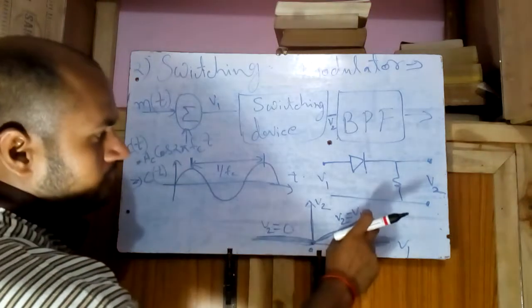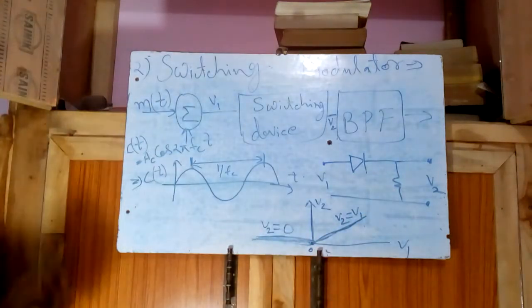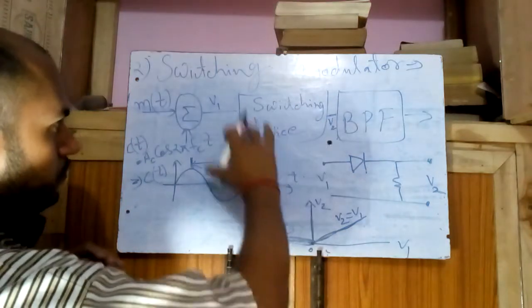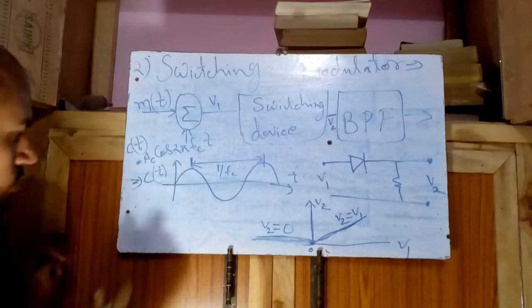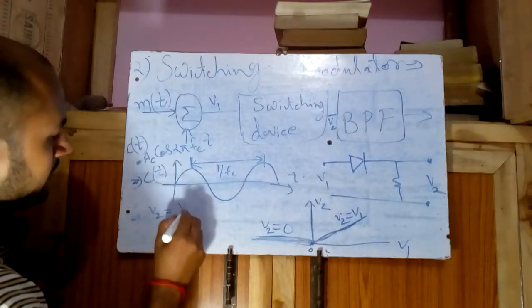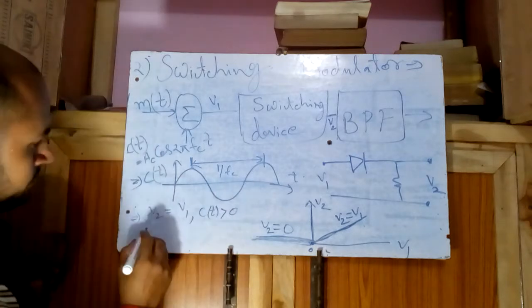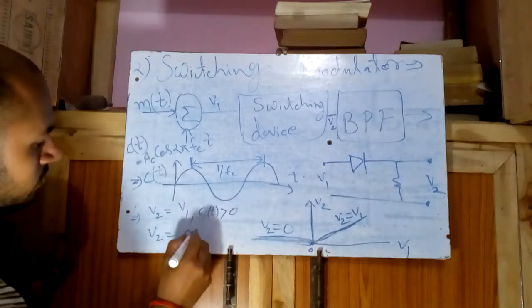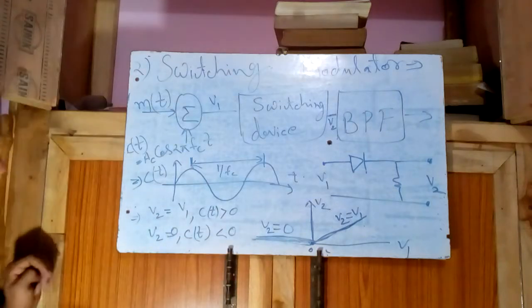So we have two curves, V2 is equal to V1 and V2 is equal to 0. So V2, the output of the switching device, will be switched between two levels. One level is V2 is equal to V1 when c(t) is greater than 0, and V2 is equal to 0 when c(t) is less than 0.